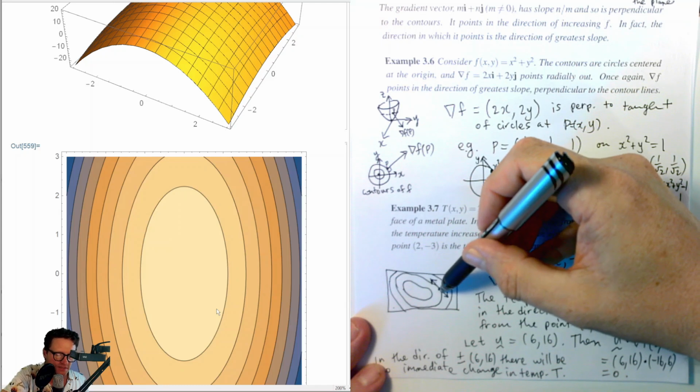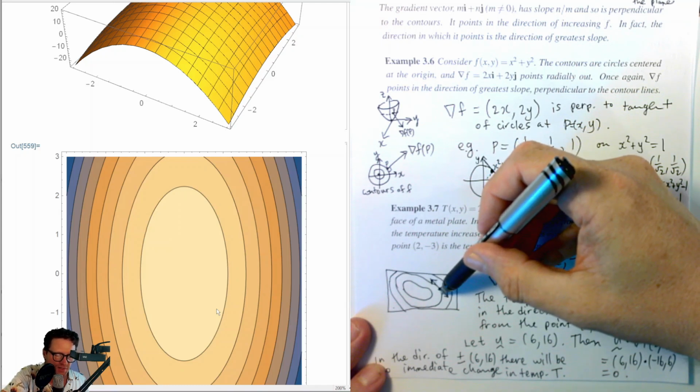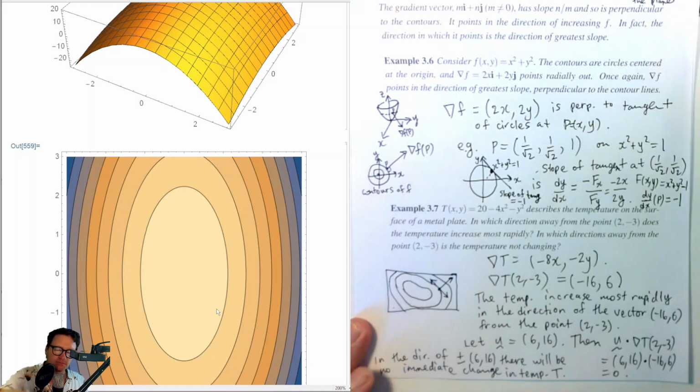So immediately in this direction there would be no change, but as soon as you get over here, you've got to calculate again.